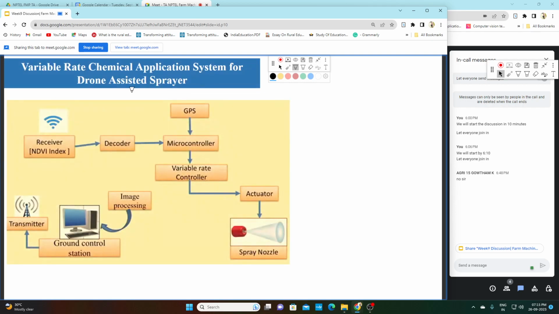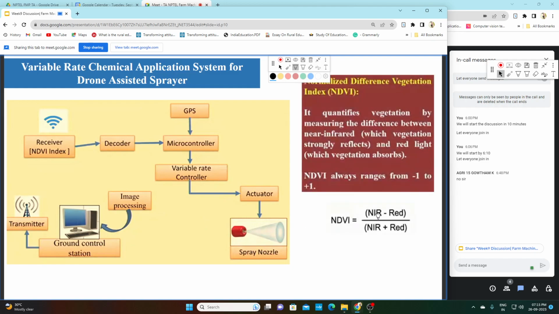Now this variable chemical spraying, you will understand in detail. When you fly the drone, your drone has a receiver and transmitter on it. Your drone will transmit all the signals to your ground control station, where there is a microcontroller that will do the image processing.